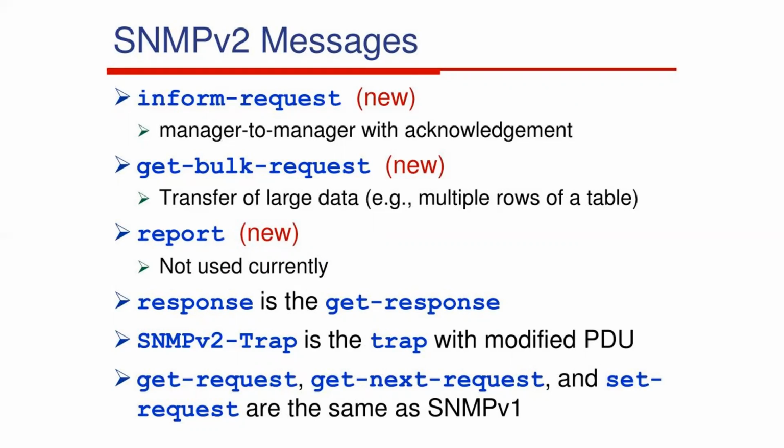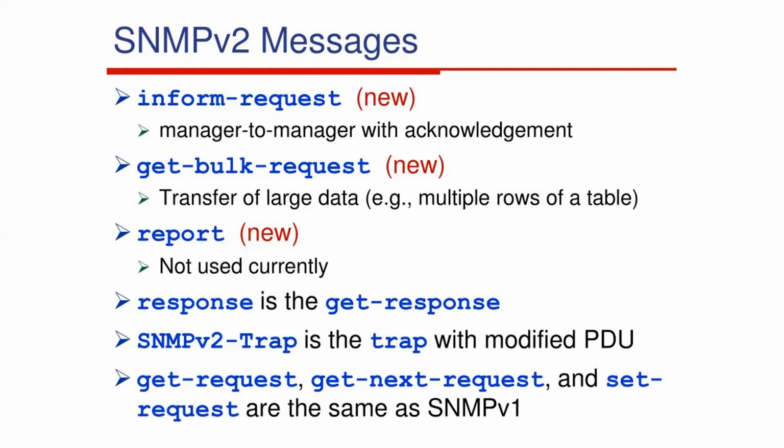It is generated by the agent application in response to a get or set message from the manager application. It is also generated by the manager application in response to an inform request message from another manager application.